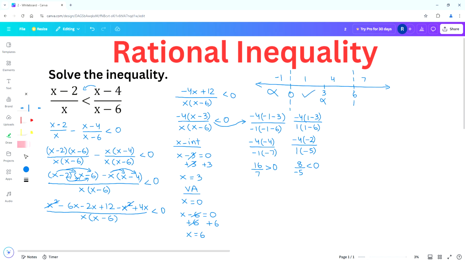Now we can use the test value 4. -4 times 1 is -4. 4 times -2 is -8.